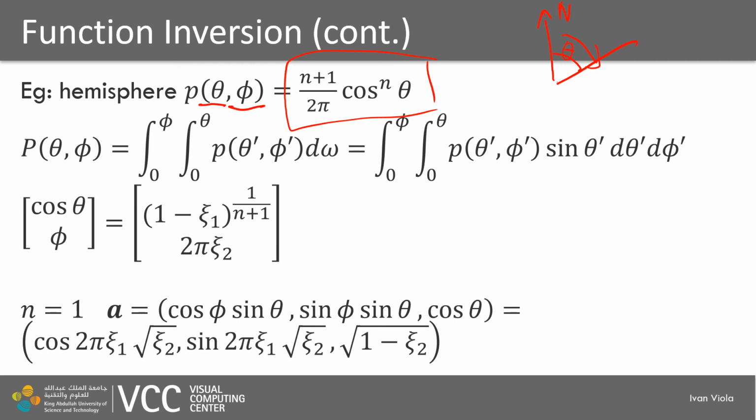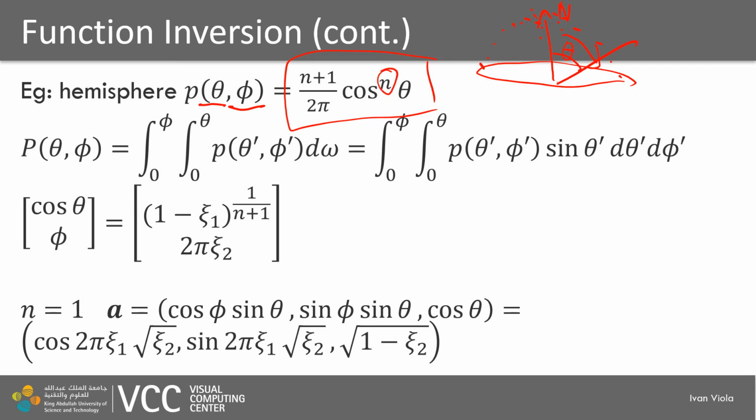So there will be the highest distribution on the top and less probability towards the base of this hemisphere.